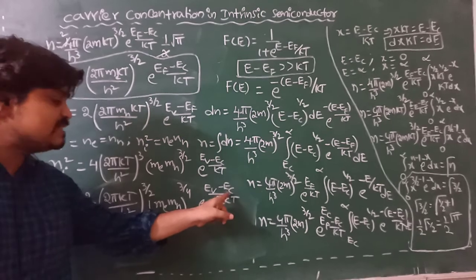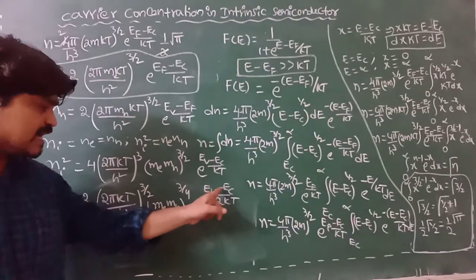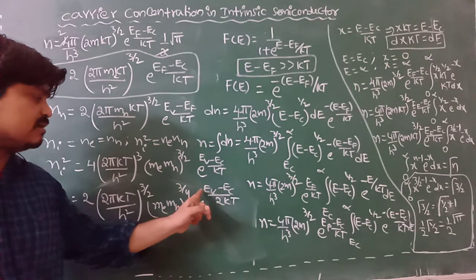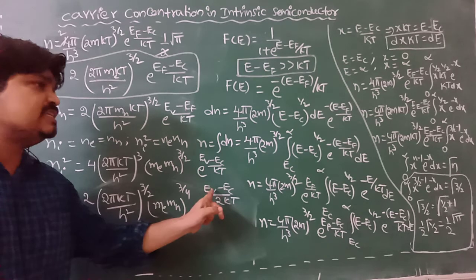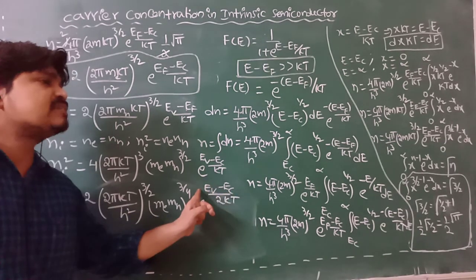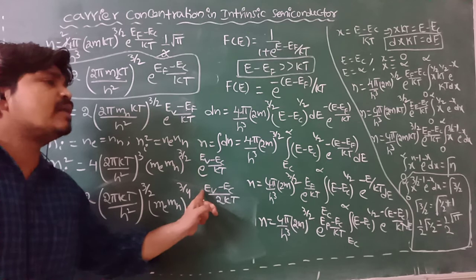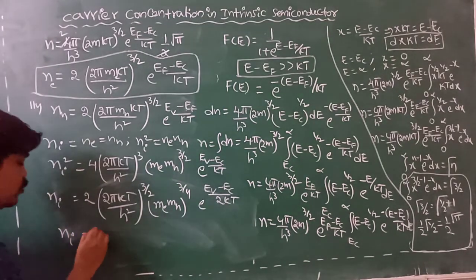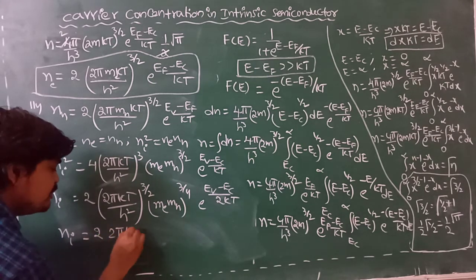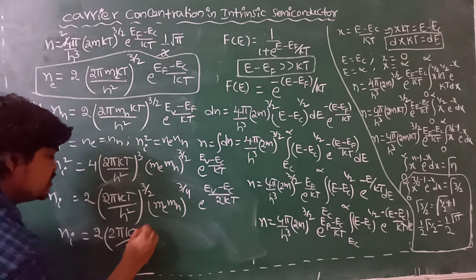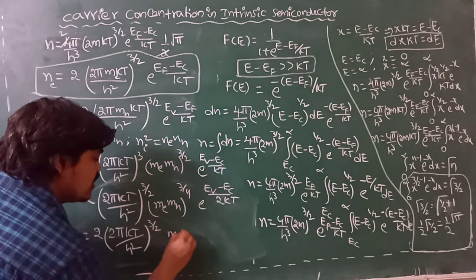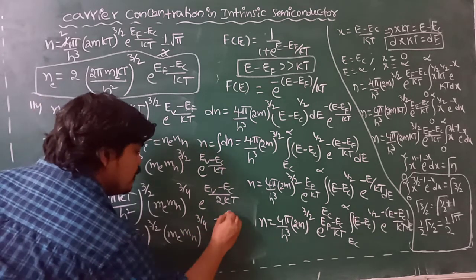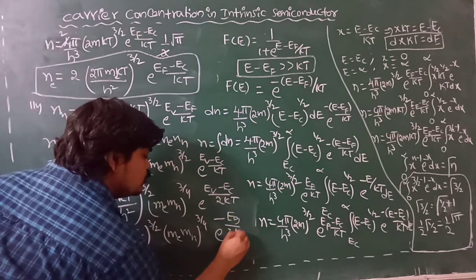Taking the negative sign common, minus of (EC minus EV) means minus of the energy gap. Hence the final equation becomes Ni is equal to (2 pi kT by h square) whole power 3/2 (Me Mh) power 3/4, e power minus Eg by 2kT.